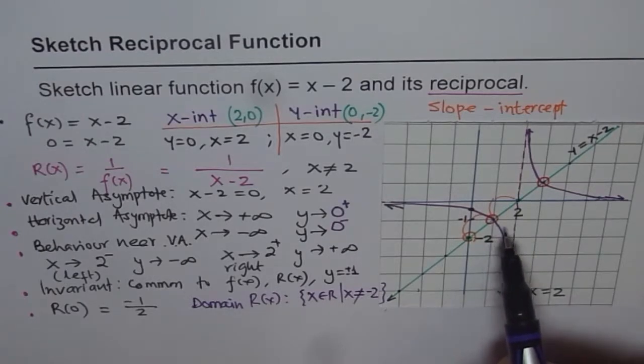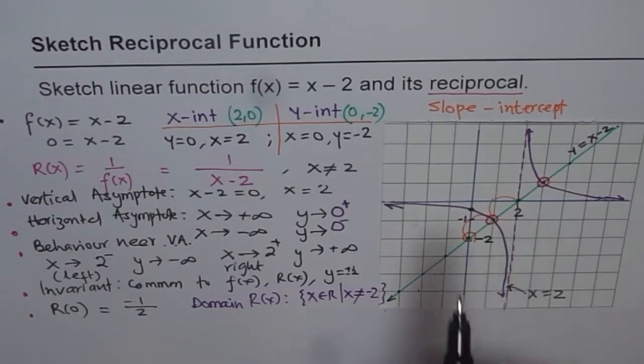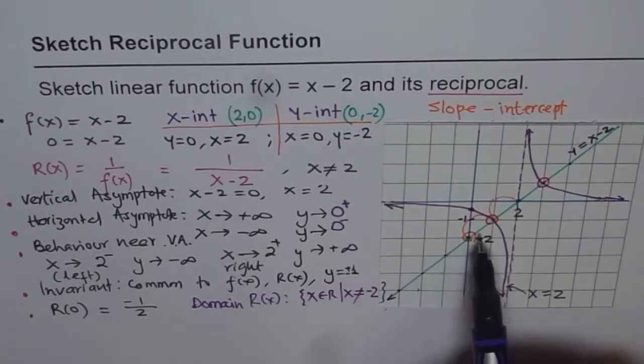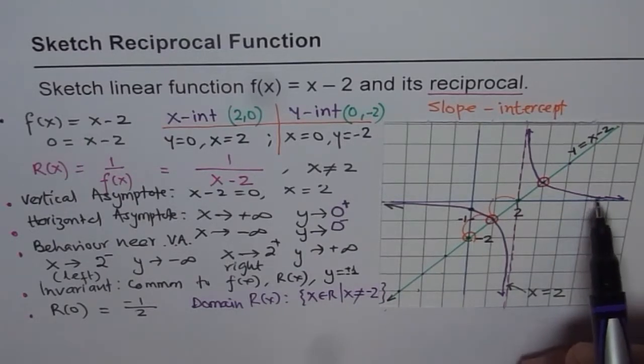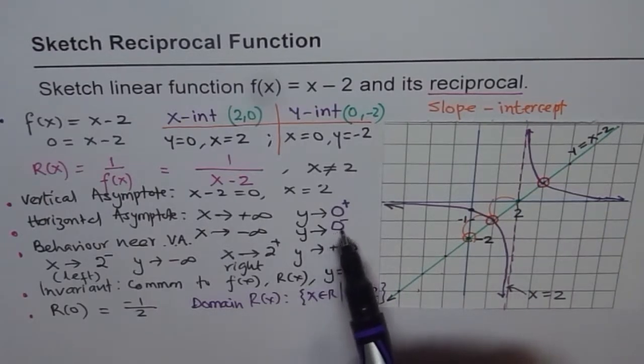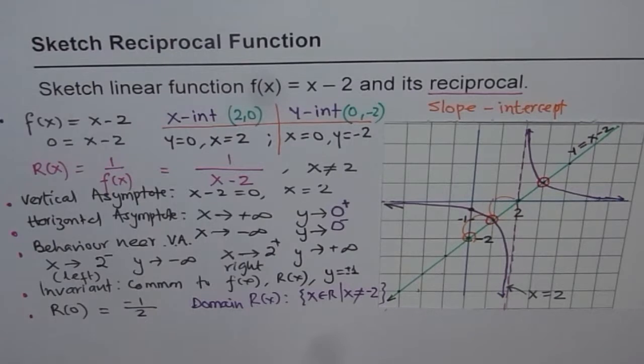If you are approaching from the negative side, that means you are in the negative half of the third quadrant. If you are approaching from the positive side, then you are in the first quadrant. That is kind of important to understand, right? So the behavior near the asymptote is described here, which I hope you understand.